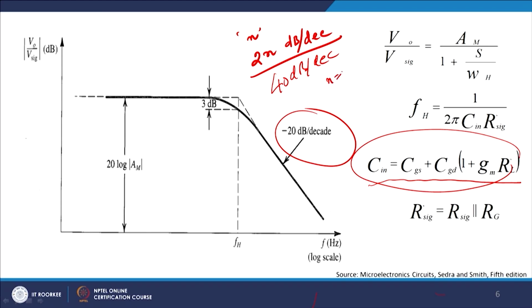If n equals 1, then a single order will have 20 dB per decade, and you can see how this forms.